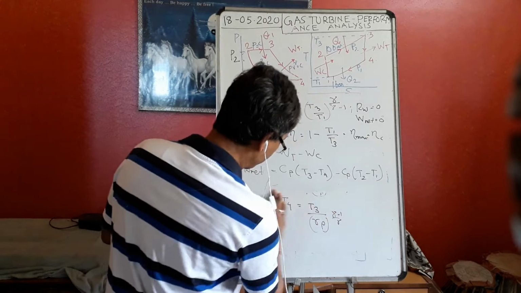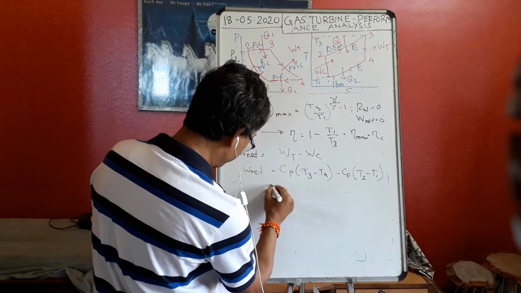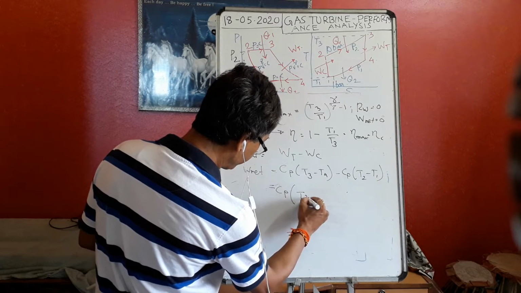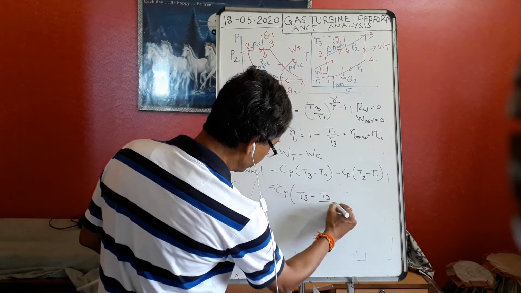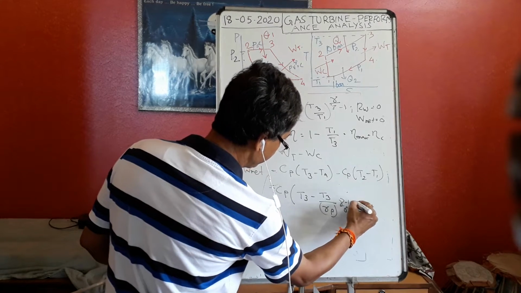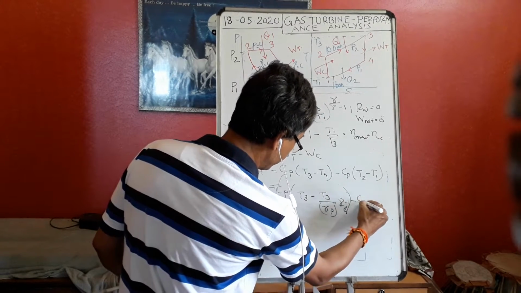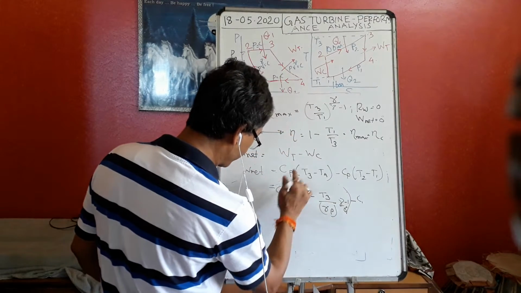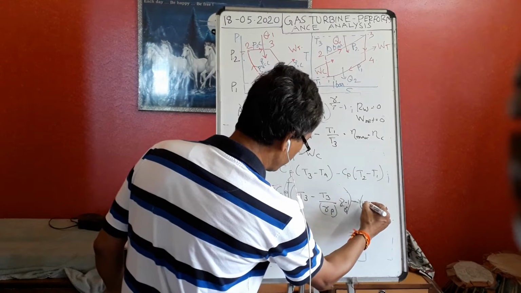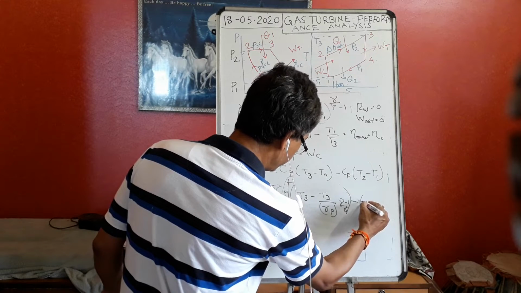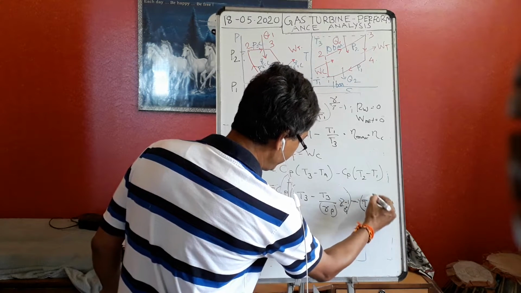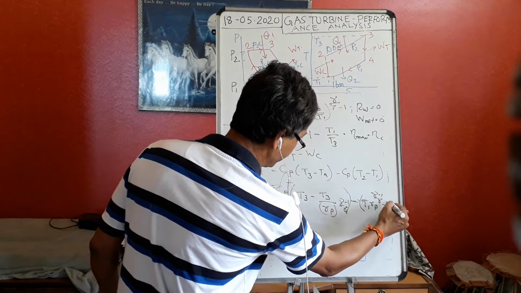Then I will get Cp into T3 minus T3 by Rp to the power gamma minus 1 by gamma, minus Cp, I am taking common, T2 is equal to Rp to the power gamma minus 1 by gamma into T1.